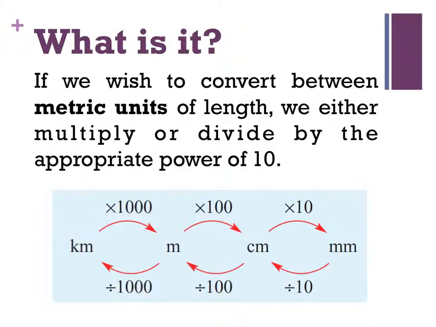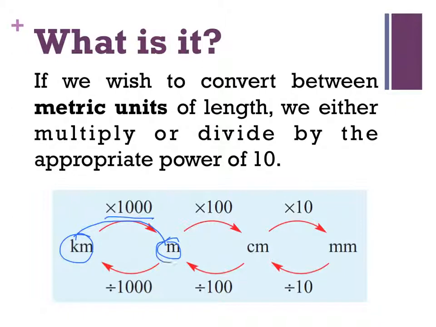If we wish to convert between metric units of length, we either have to multiply or divide by the appropriate power. So if you're going from, say, 2 kilometres and you wanted to convert that to metres, 2 kilometres is the same as 2,000 metres, or I take that 2 and I times it by 1,000.